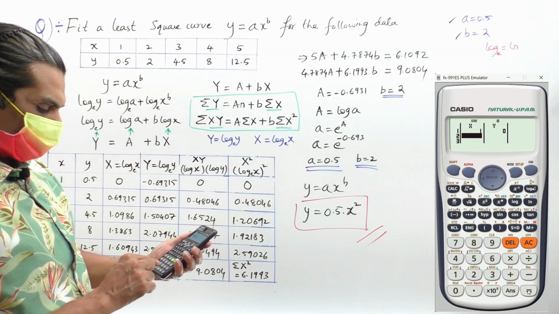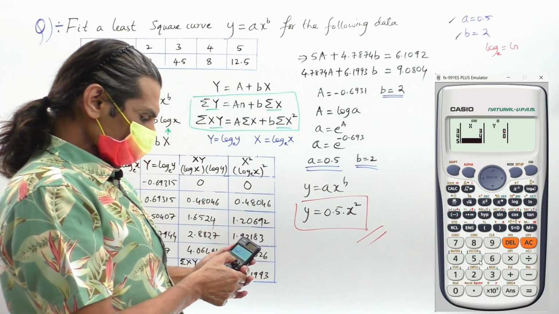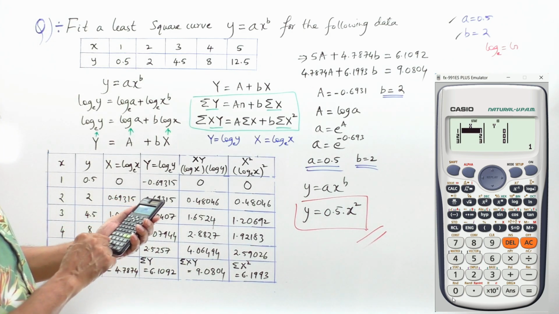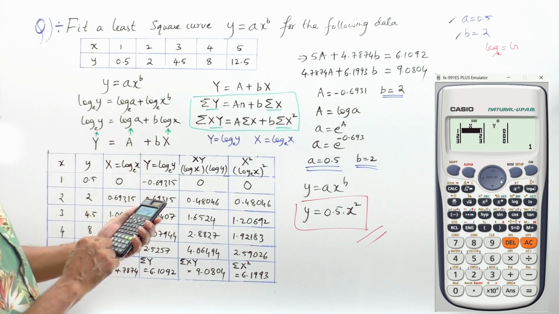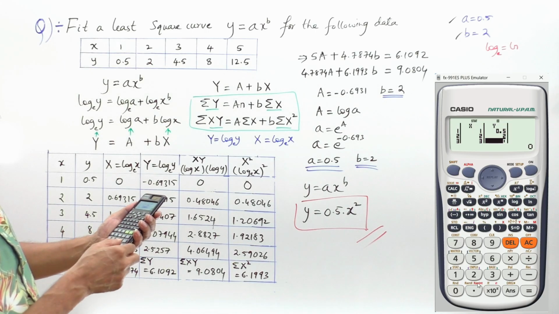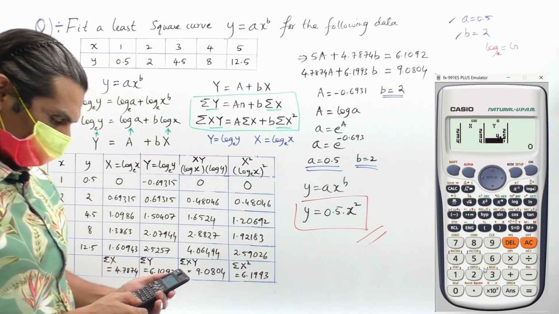Enter 1 equals 2 equals 3 equals 4 equals 5 equals. Next, the corresponding values are 0.5 equals 2 equals 4.5 equals 8 equals 12.5 equals.